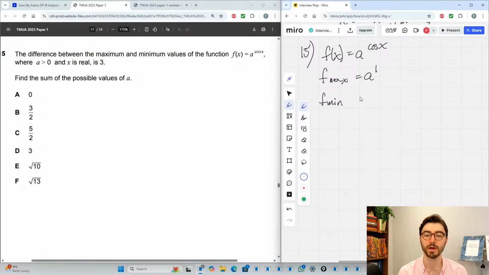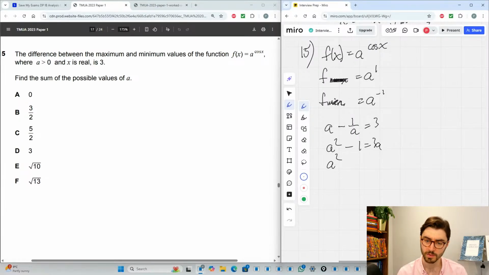But basically one end is going to be a to the 1, and the other end is going to be a to the minus 1. And we know that the difference between those is equal to 3. So we know that a minus 1 over a is equal to 3, which means that a squared minus 1 is 3a. So a squared minus 3a minus 1 equals 0.